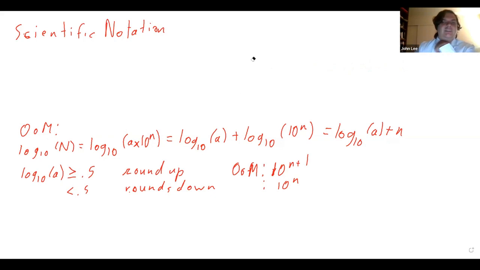So that's going to tell you whether it's going to round up or not depending on the value of the number up front.